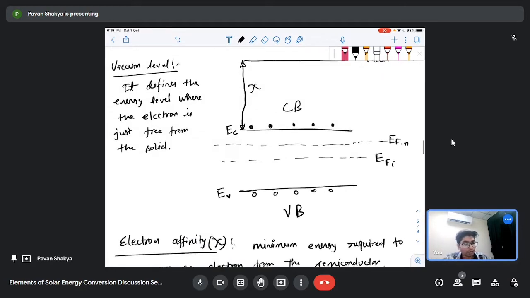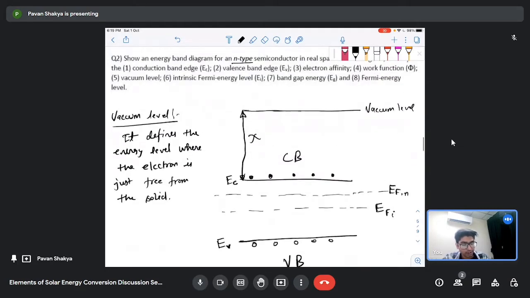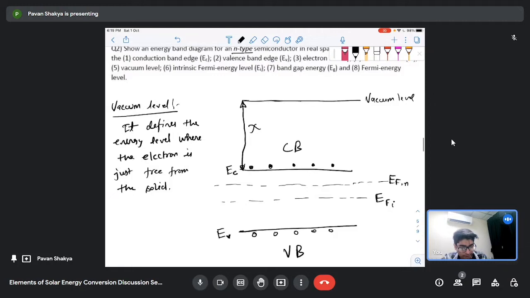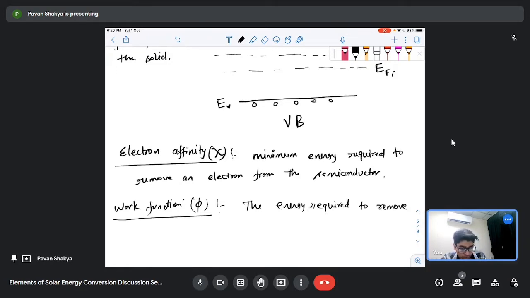Okay, now the next is the work function. Let me write the definition for this. It is denoted by phi. This is the energy required to remove an electron from the Fermi level.